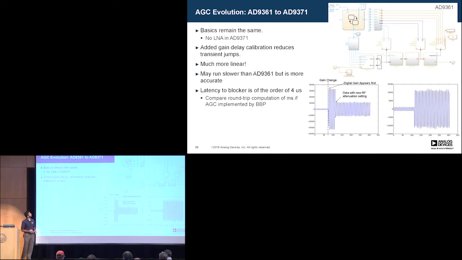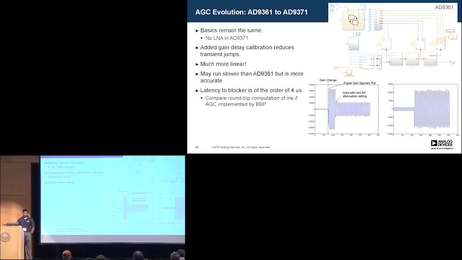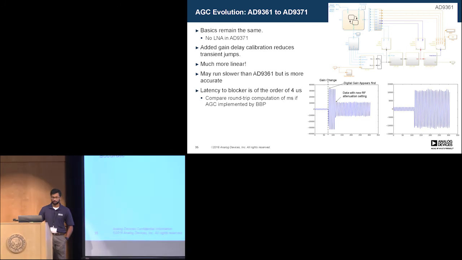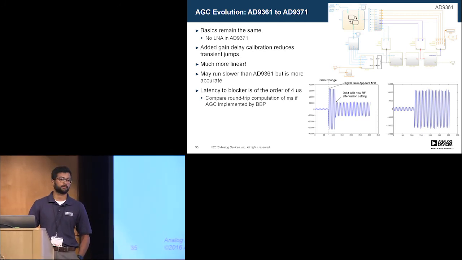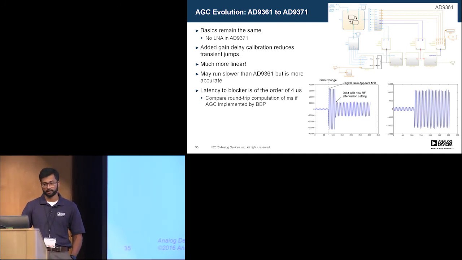One of the main things to note is the fact that you don't have an LNA in the 9371. Also, the gain delay calibration lets you be agnostic to gain changes. So this is what you would get after the gain delay calibration is done, and you wouldn't see this gain change. That's mainly because of timing differences between when the digital gain kicks in and the RF gain kicks in. It's much more linear, runs a bit slower, but it is more accurate, less buggy, of course. So it's a much more simplified AGC design.